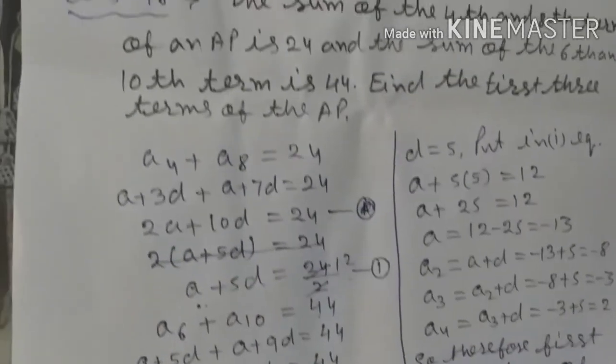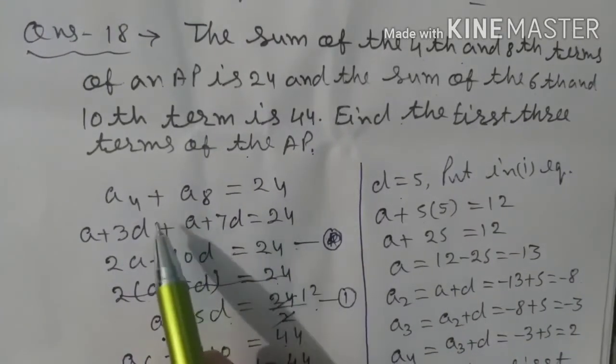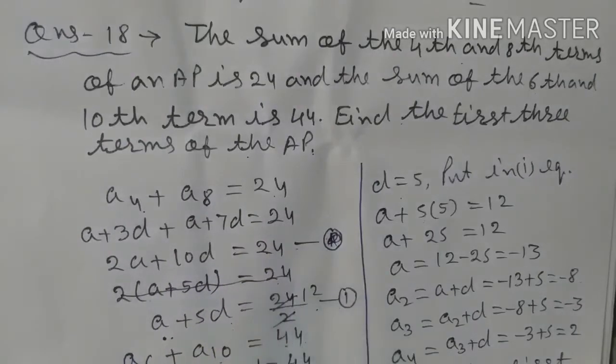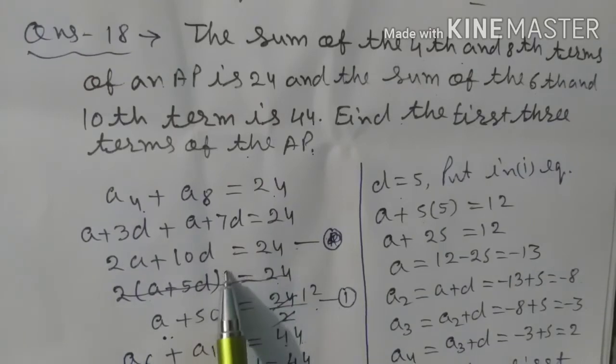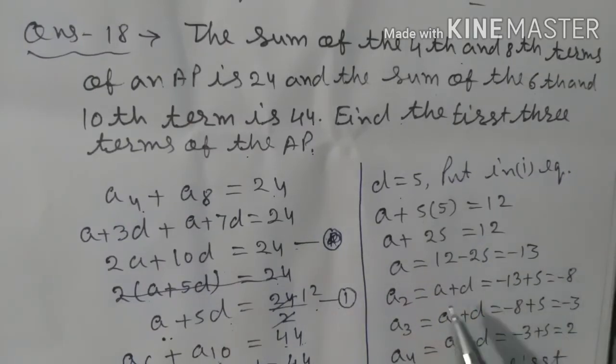Now simple question. First of all, what is your statement? The statement is that the sum of the 4th and 8th terms is 24, and second, the sum of the 6th and 10th terms is 44. Then you solve these two and you get D is equal to 5 and A is equal to minus 13, simply using the elimination method.